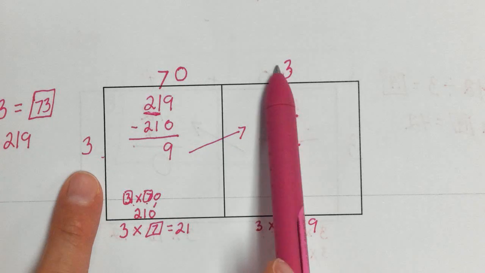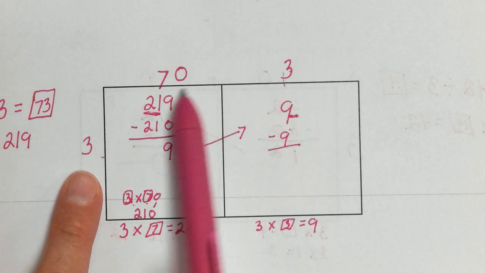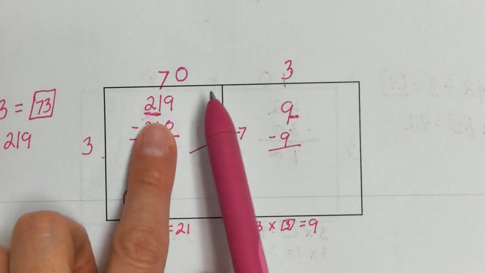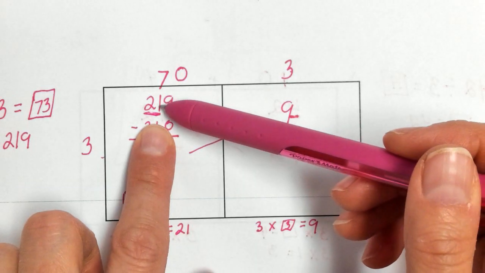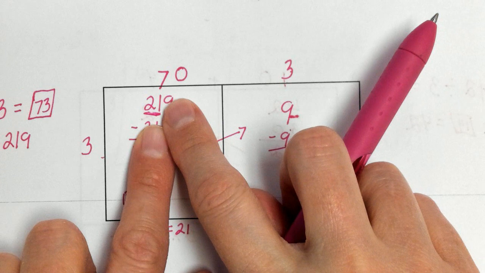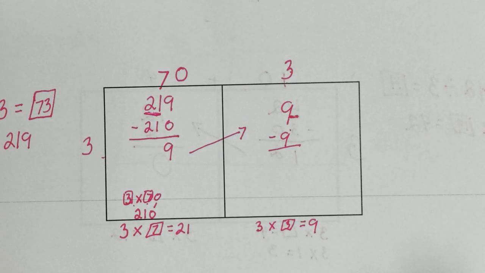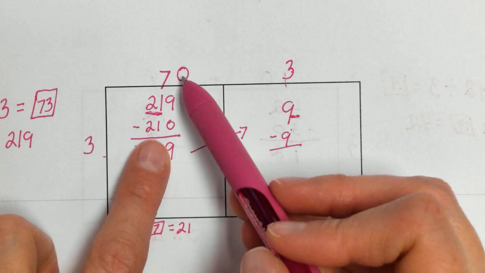I have to find the number that goes on top, is what I'm looking for. So I start with my tens. Right here, 219, if I write it in expanded form, with just tens and ones, it would be 210 plus 9, right? So that's where I'm getting to.